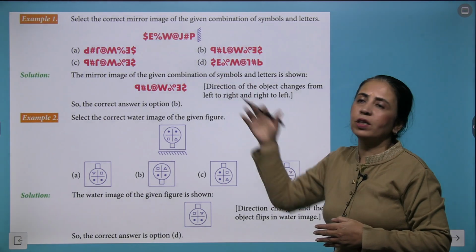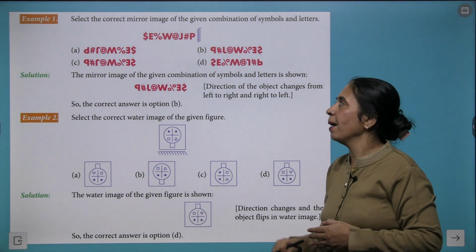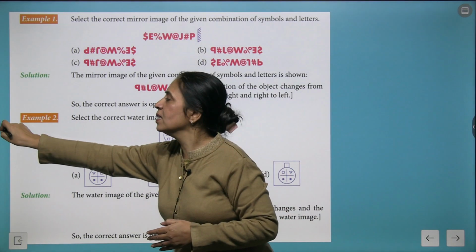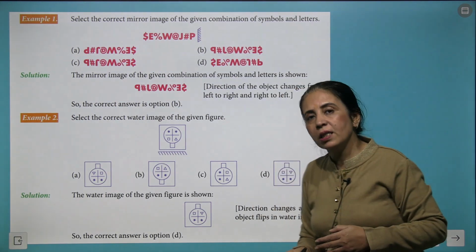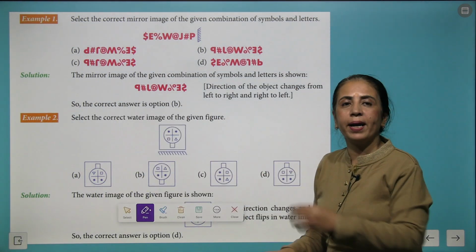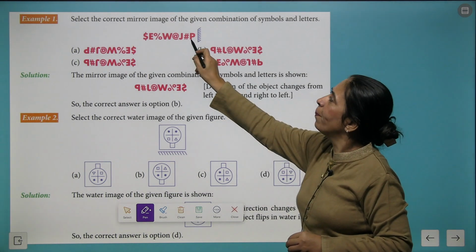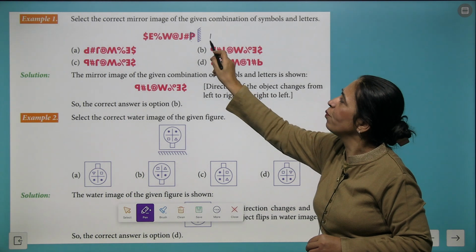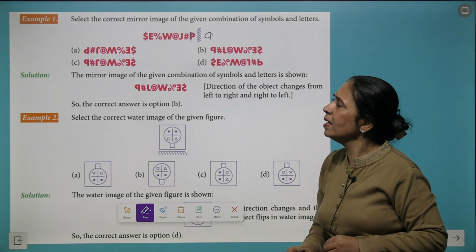Now we move further with some more examples. So we have a few special characters embedded with certain numbers and alphabets, and let's see how to get the mirror image. So P is here. If you make the lateral inverted form of P, it comes like this.